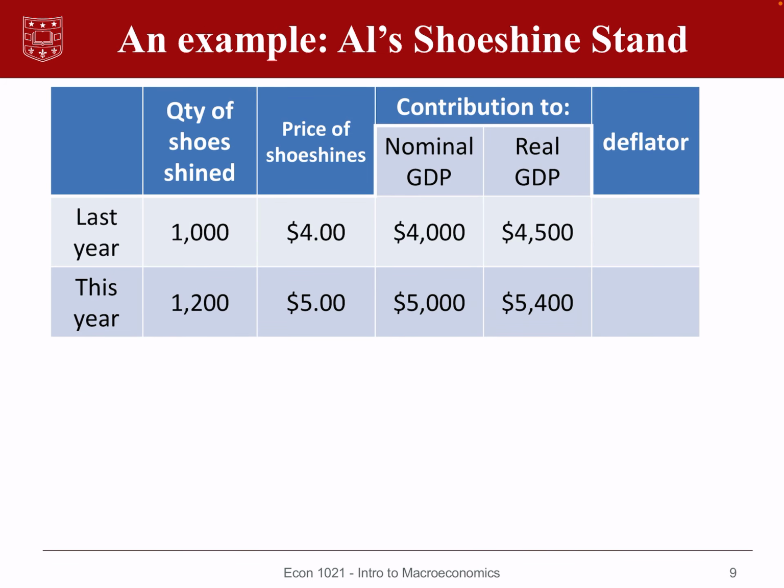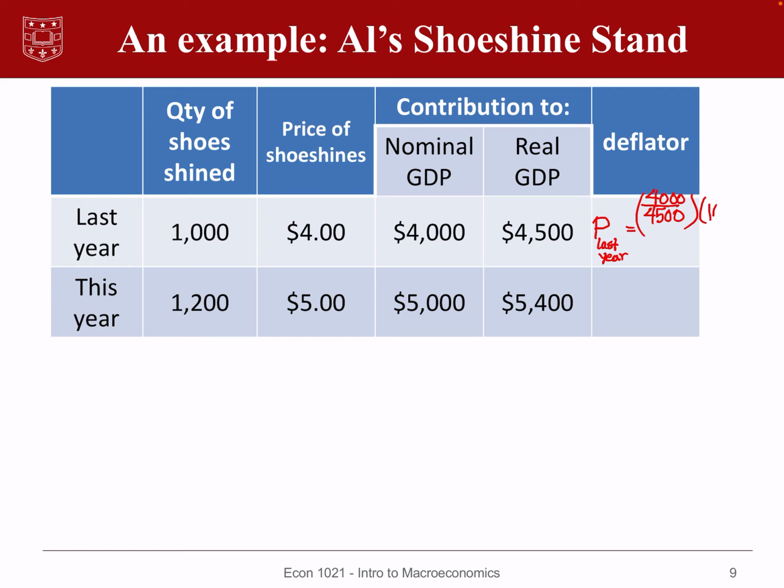So if we were going to follow this example for Al's shoeshine stand, what we can do is divide nominal GDP by real GDP. So the measure of the deflator, say last year, is going to be 4,500 divided into 4,000.